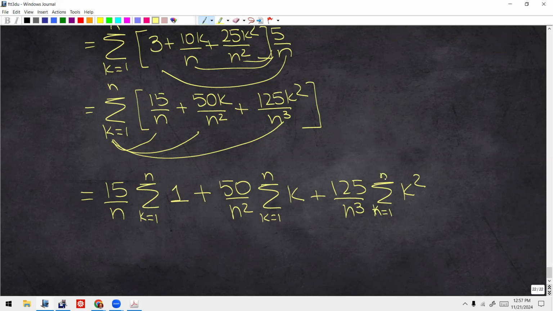Good. Now we just have to use those formulas I gave you yesterday to plug them in. Again, I'm hoping I've convinced you that without those formulas, none of this will matter. Is that okay? So this is a sub n.